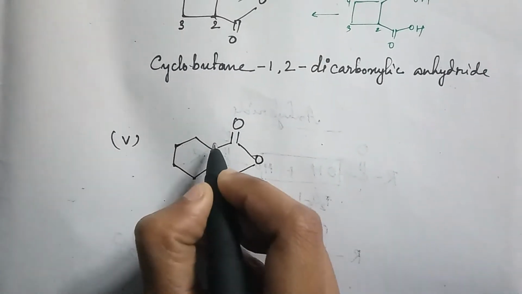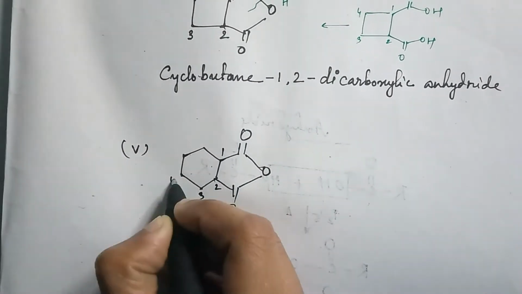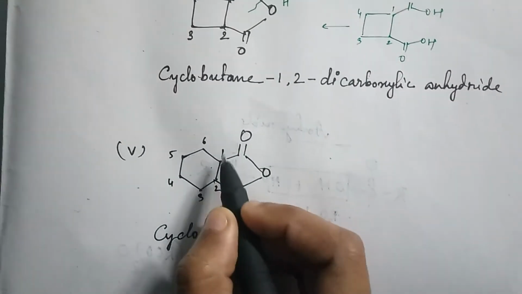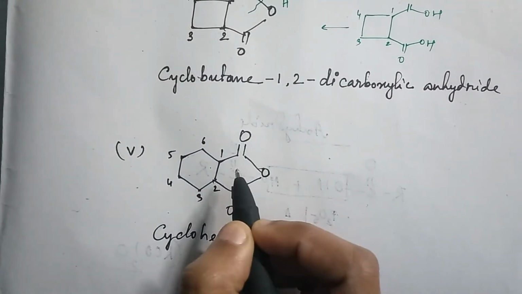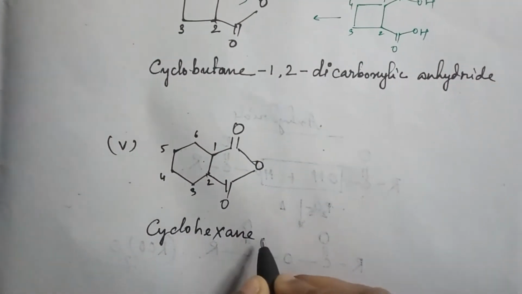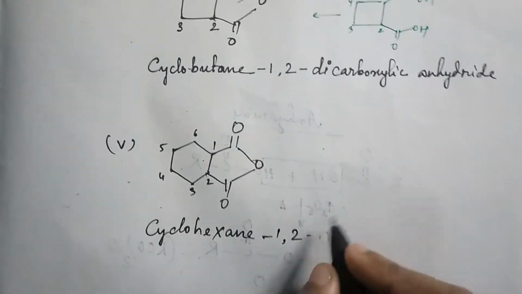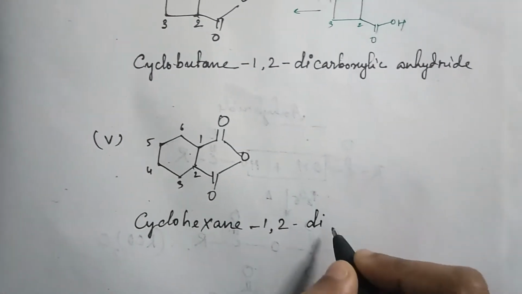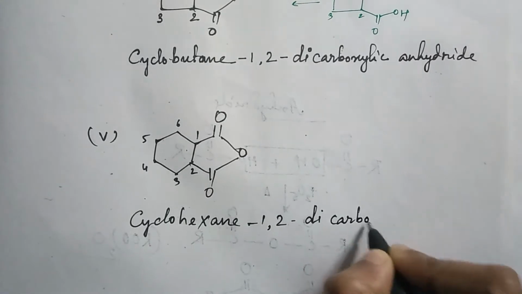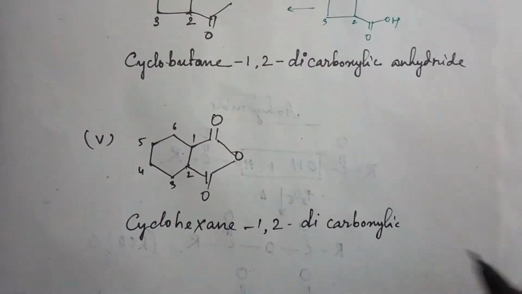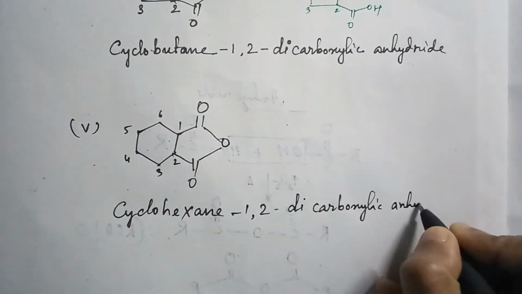Then 1, 2, 3, 4, 5, 6. In 1 and 2 position this anhydride group is attached. So cyclohexane 1, 2 dicarboxylic anhydride.